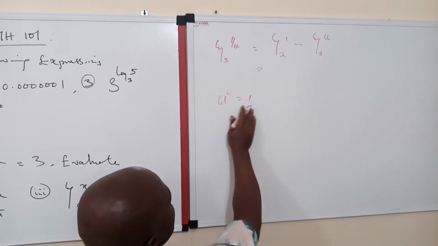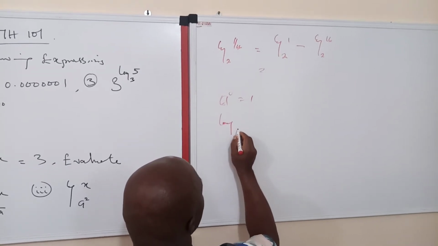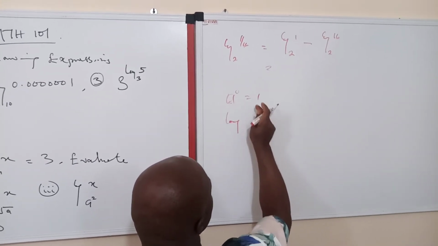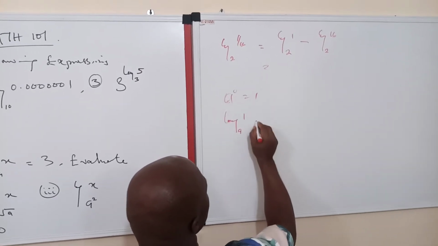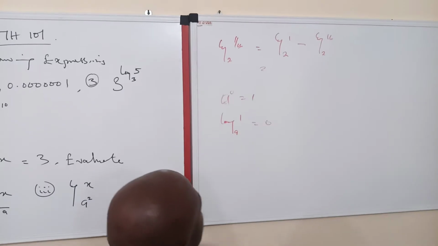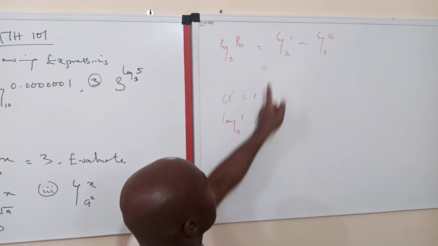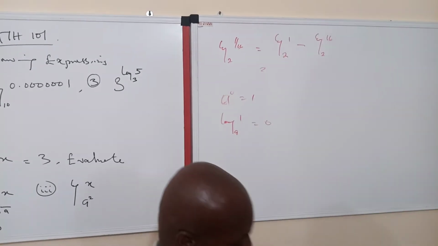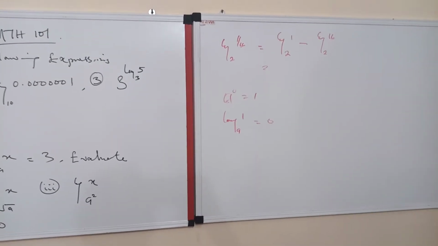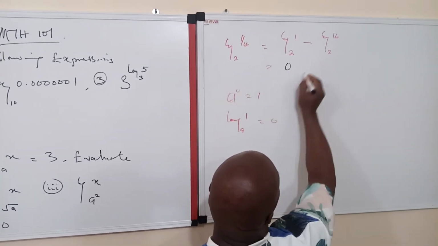In terms of log, this is the log of 1 to base a, which is equal to 0. So a is any number, and the log of 1 is equal to 0. So this term here becomes 0.